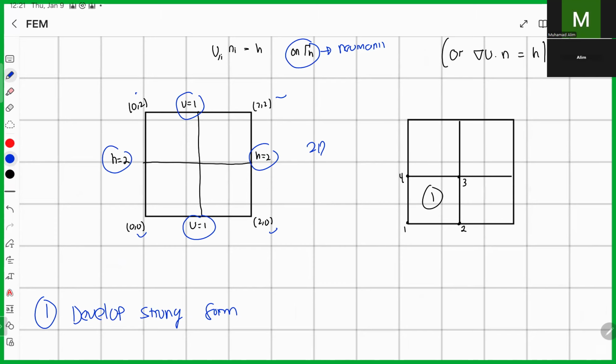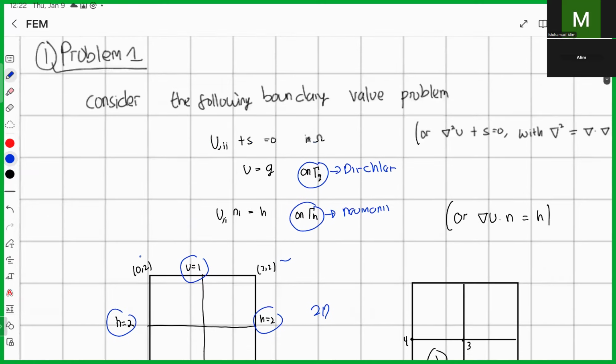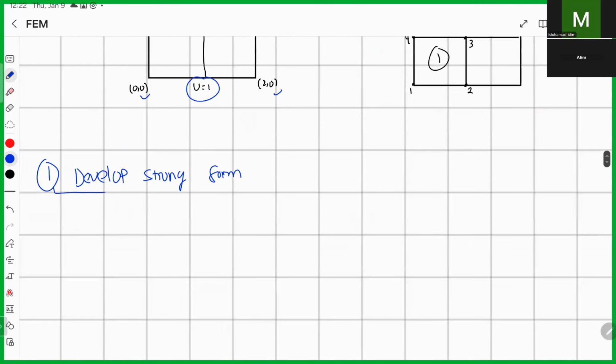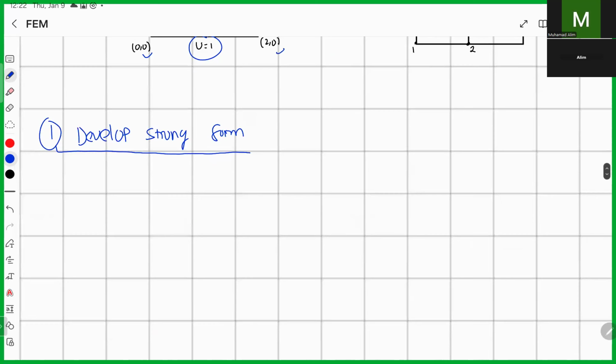No, sorry, this is the displacement. I thought it was a heat conduction problem, but actually it's an elasticity problem. So the first thing we have to do here is to calculate the strong form.